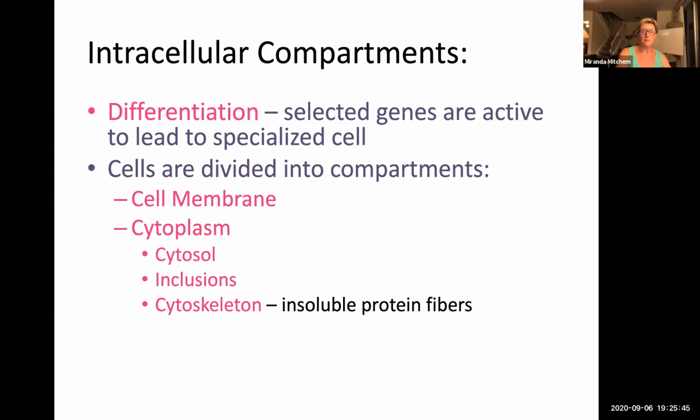We've got the membrane, the cytoplasm, and then within the cytoplasm, we've got organelles, and that depends on what type of cell we're talking about. And then the major third component is the nucleus. So we have the cell membrane, the cytoplasm, and then the nucleus as our major compartments for eukaryotic cells, for human cells.